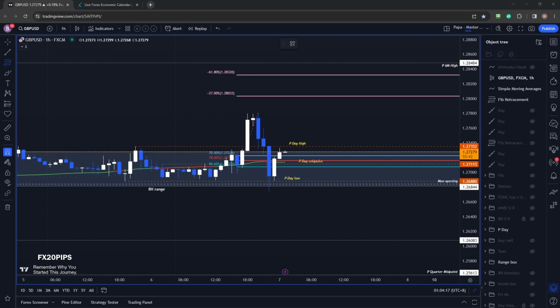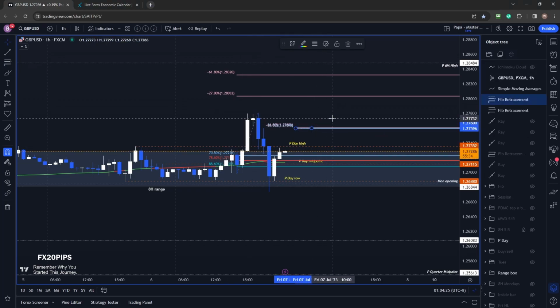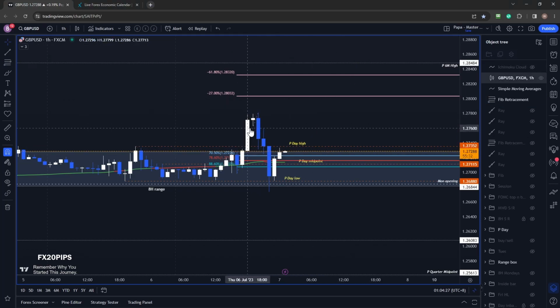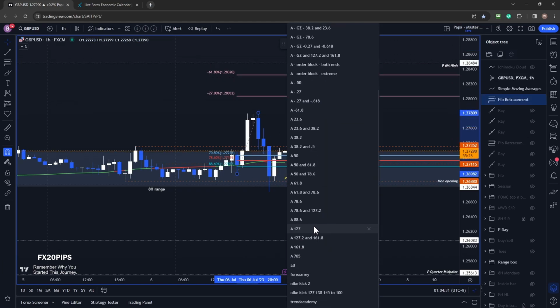Okay, what you need to do is, hang on. What you need to do is get different layers of different levels of fib, which I have here.